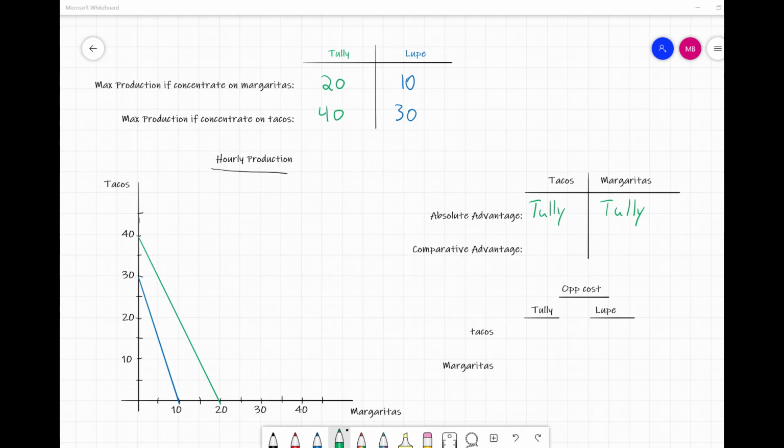So remember that the opportunity cost of margaritas in terms of tacos is the slope of this production possibilities boundary or frontier. And so for Tully, we can figure out the slope first, and we see that the rise is negative 40. We're going between the two intercepts. The rise is negative 40 because it goes down by 40 and it goes over by 20. So negative 40 over 20 is negative 2. So that's telling us the opportunity cost of a margarita is 2 tacos.